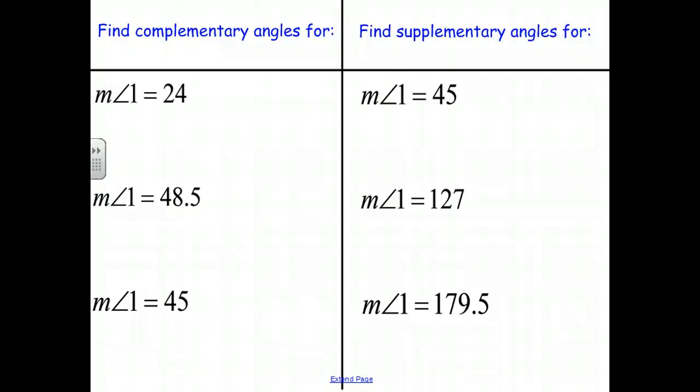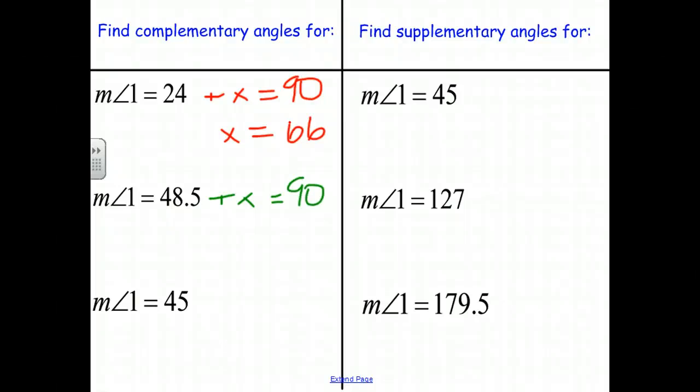Well, starting with the complementary angles, we know that for each of these angles, something plus that number has to equal 90. So 24 plus some unknown angle has got to equal 90. If we take 24 away from 90, we have that the measure of angle x has to equal 66 degrees. For the second one here, 48.5 plus some unknown angle is also equal to 90.